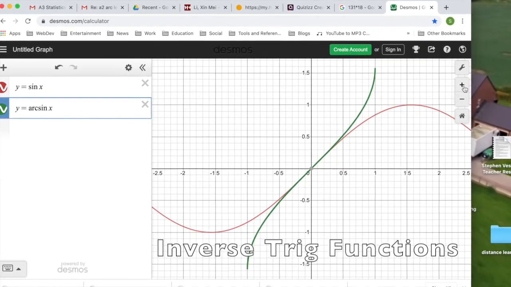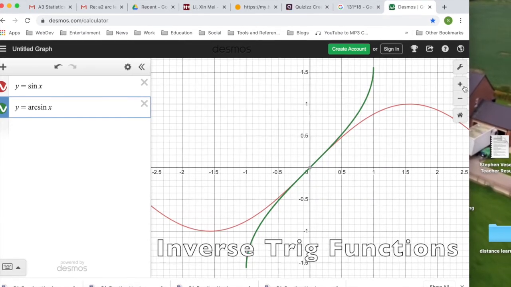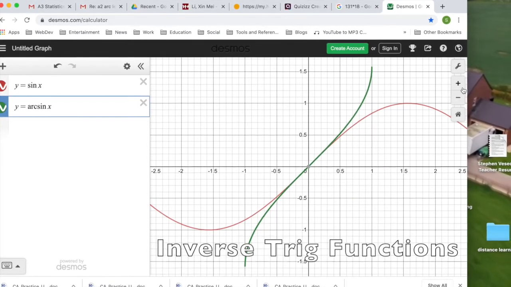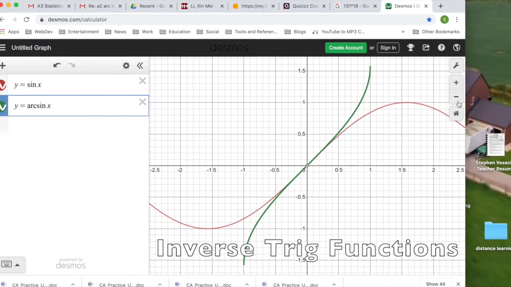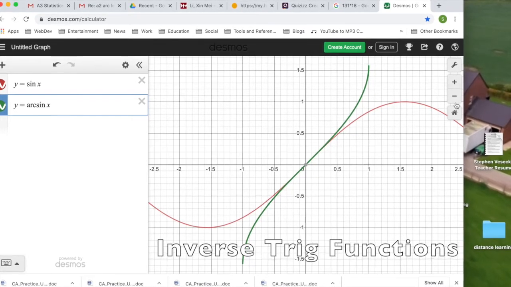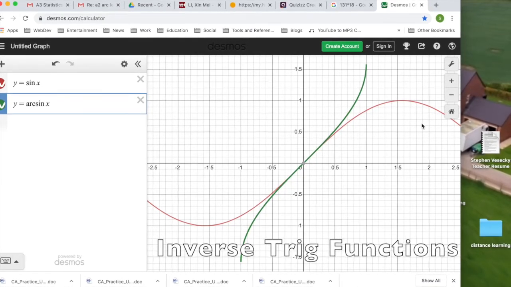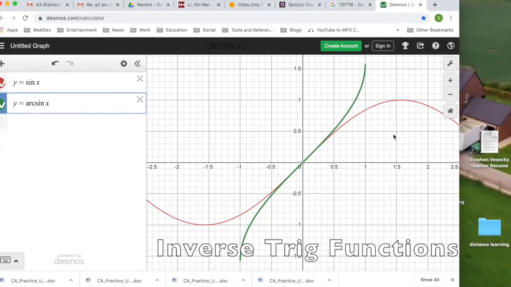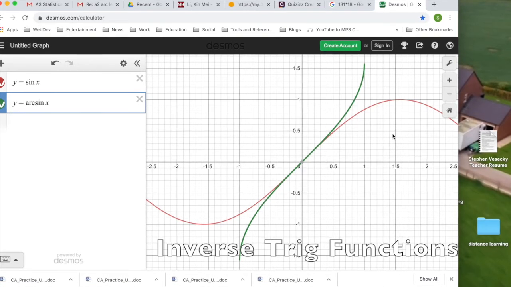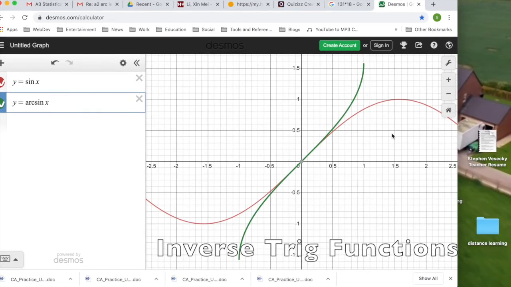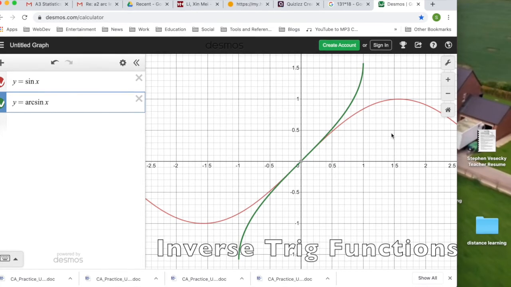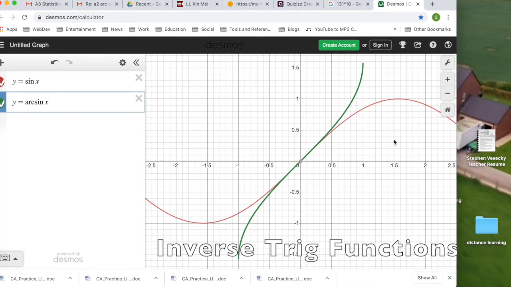And as x gets closer and closer to negative 1, y gets closer to negative pi over 2. Since we need it to be a one-to-one relationship, we limit it to x between negative 1 and positive 1, and y between pi over 2 and negative pi over 2.